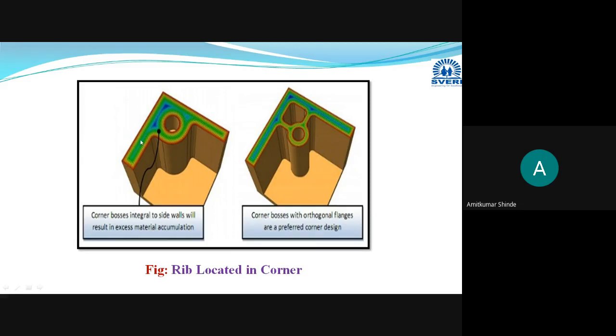Uniform wall thickness is not achieved here, so stress will be more in this case. So to eliminate the stress, to provide strength and to ease the flow of material, a rib is provided here.